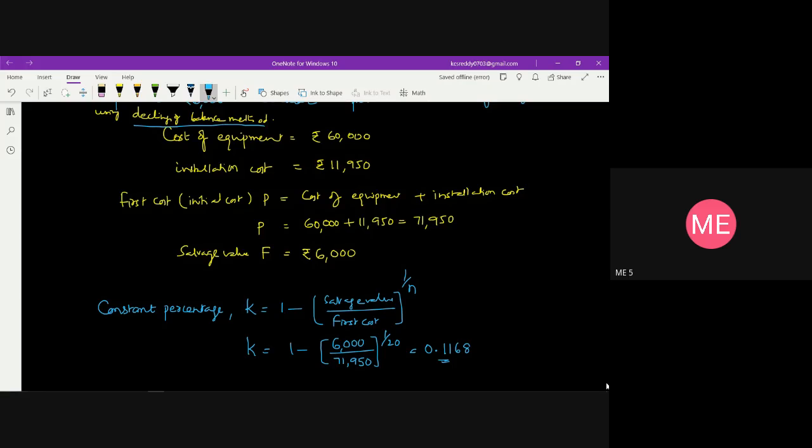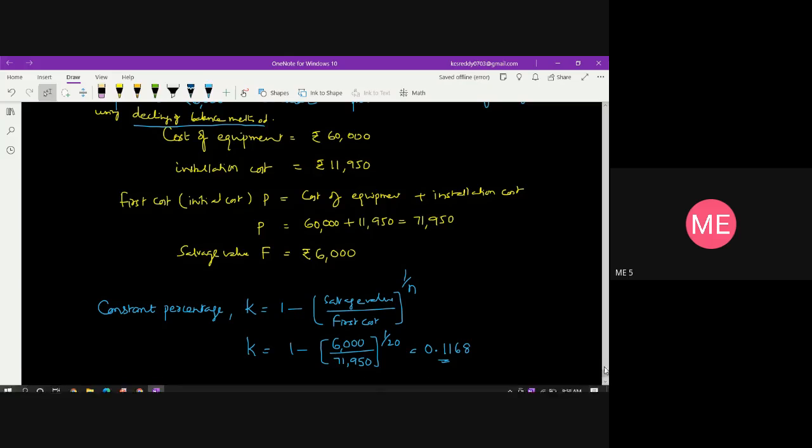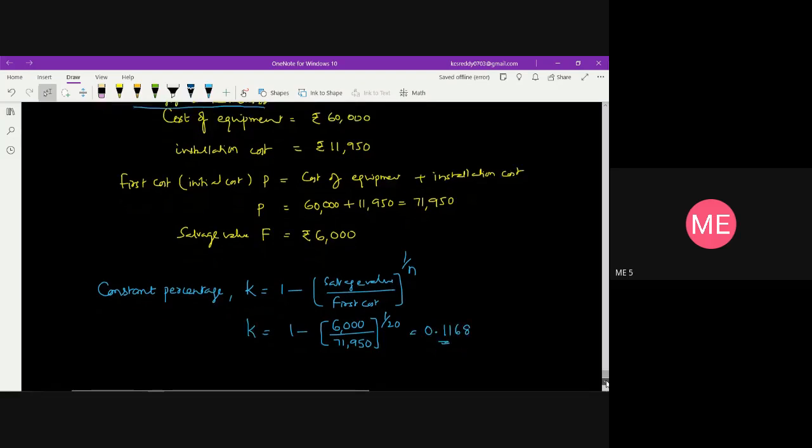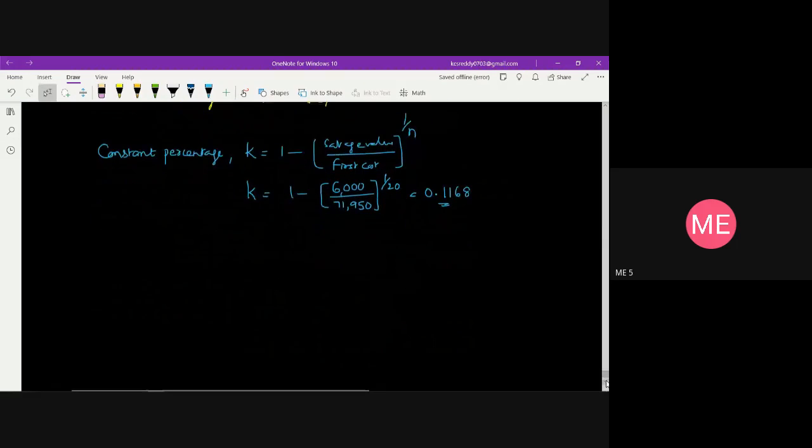0.1168 is the fixed percentage which we are going to reduce from the original value.